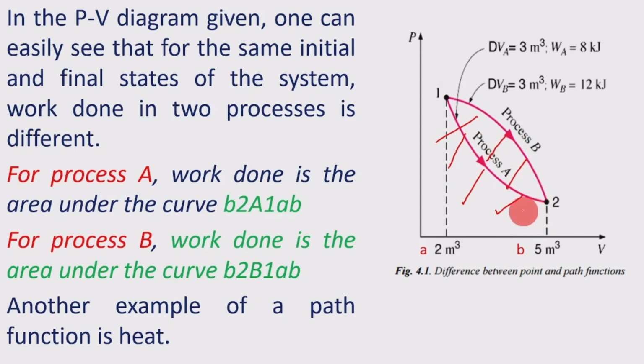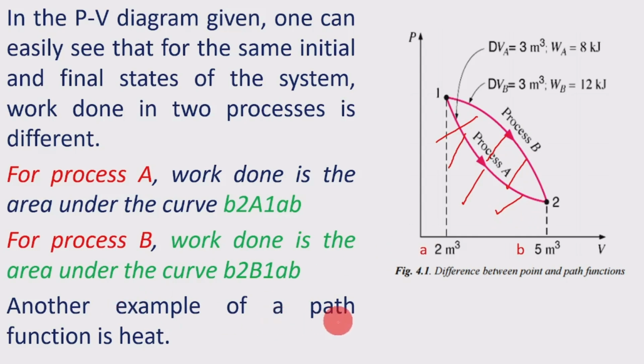Therefore, the work done during process A and during process B are different, not the same. Even though the same initial and final states are there, the paths are different, therefore the work done will be different, and that depends on the path followed during the process, not on the end states, and so work is a path function.